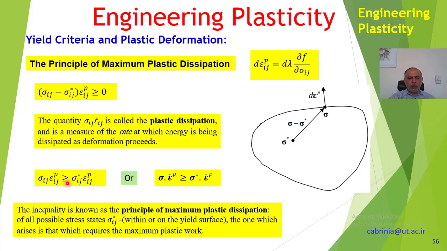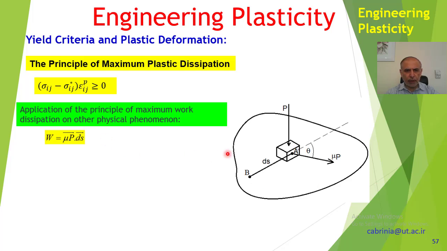According to this, it means that this sigma, which is on the yield surface, times epsilon dot p is greater than any work done inside this surface. So this is called maximum plastic dissipation. In fact, it means that the plastic work is greater than any work done inside this area. Okay, that is the idea.